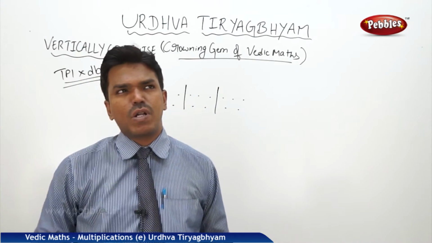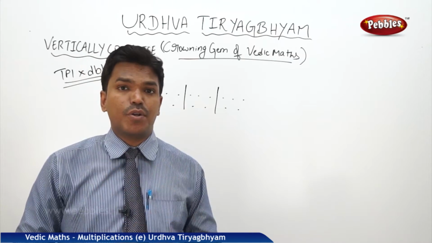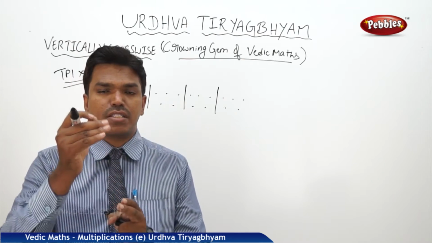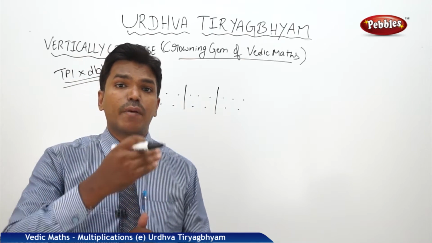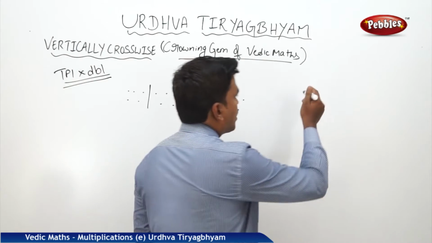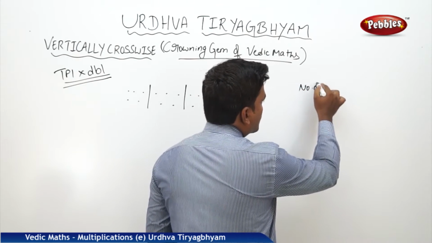So what is the logic behind the number of steps we can do? The number of steps for a calculation, either a triple digit into double digit multiplication or double digit into double digit multiplication. I will tell you the logic.